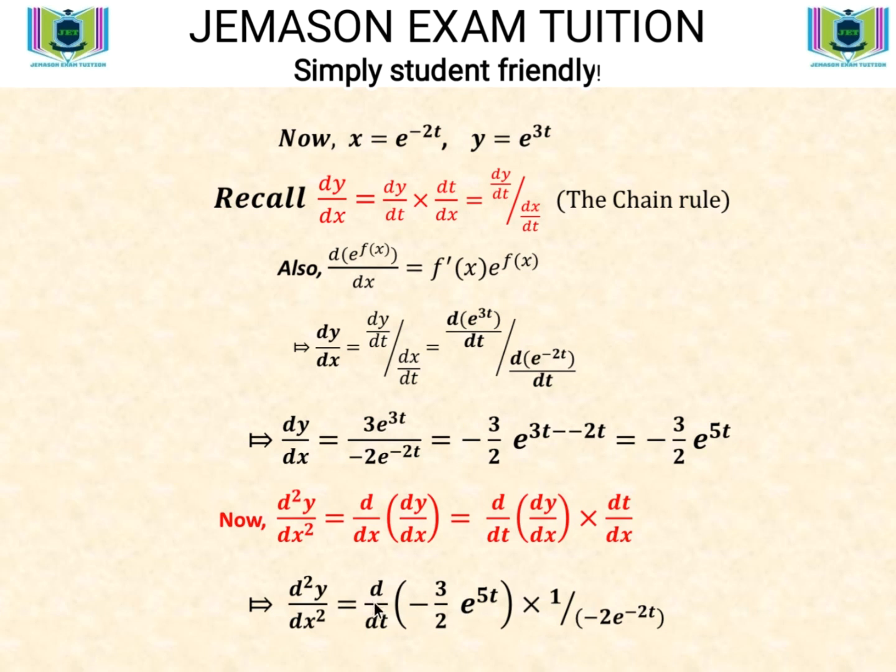So we'll first differentiate with respect to t and then multiply the result by the reciprocal of dx/dt, which should give 1 over dx/dt, and we had dx/dt as negative 2 e to the negative 2t.